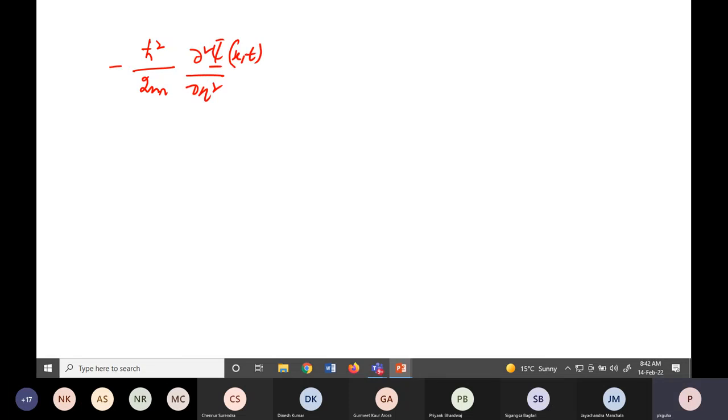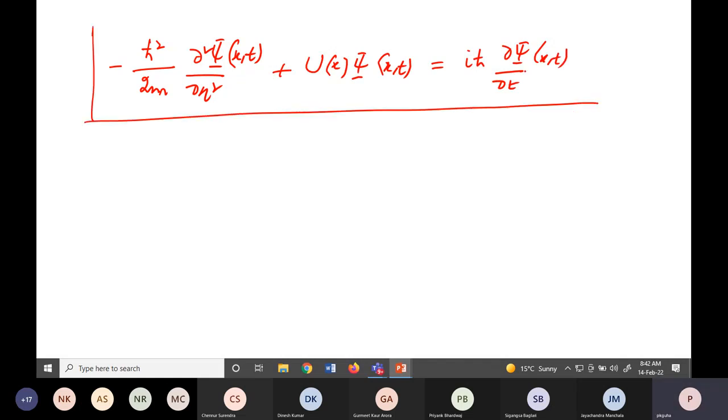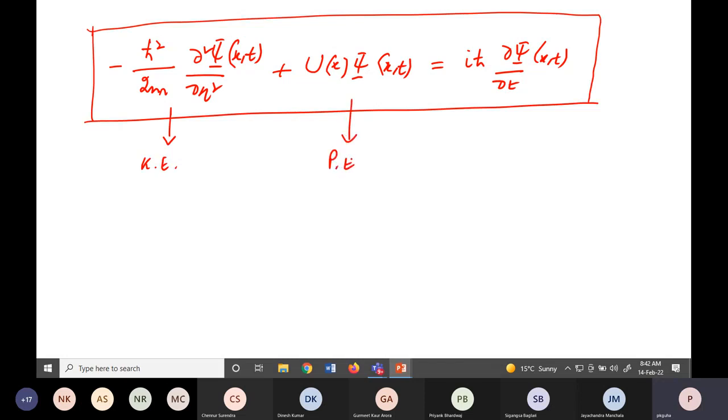In fact, psi will be three dimensional, okay, but for the time being I am just assuming it is just a function of x and t, plus u(x) psi(x,t), okay, is equal to i h line del psi del t, right. So this is the final expression of the Schrodinger equation. So this is the kinetic energy part, okay, this is the potential energy part, and this is nothing but total energy.